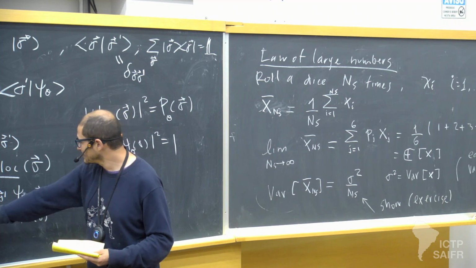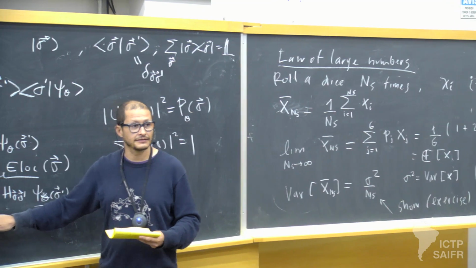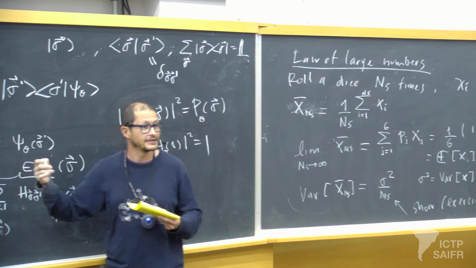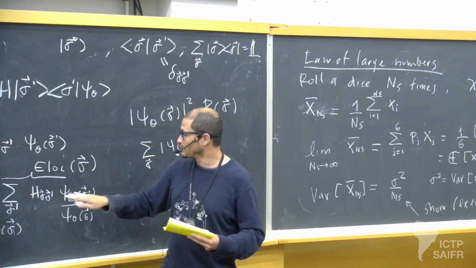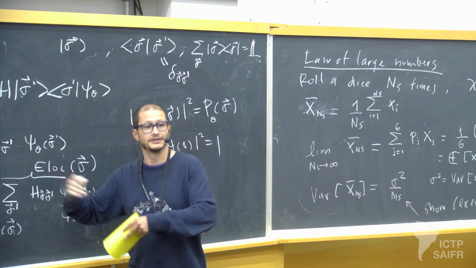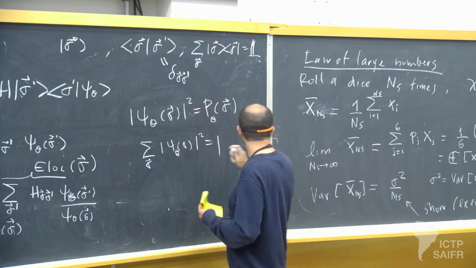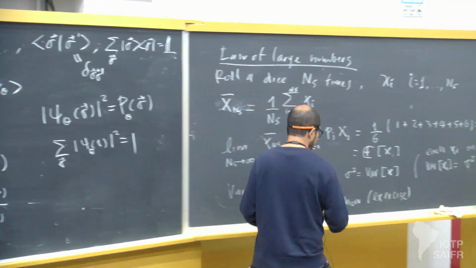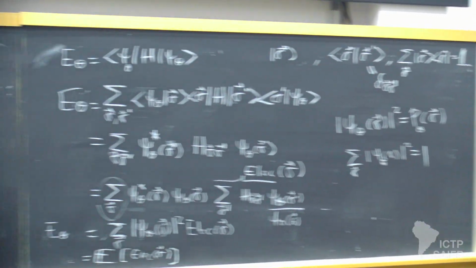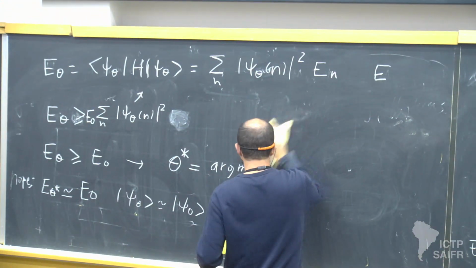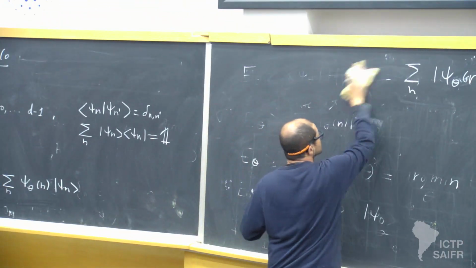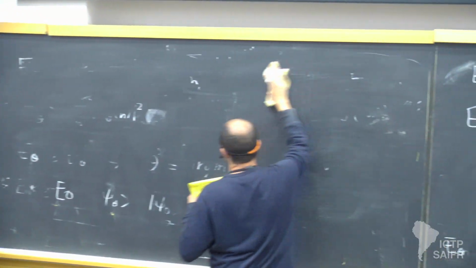But the local energy contains, again, a second sum, and that sum is also in principle exponential. And so we'll have to restrict the type of Hamiltonians that we can handle with this technique. Let me write this down because it's important. So we'll restrict this to Hamiltonians which are local.